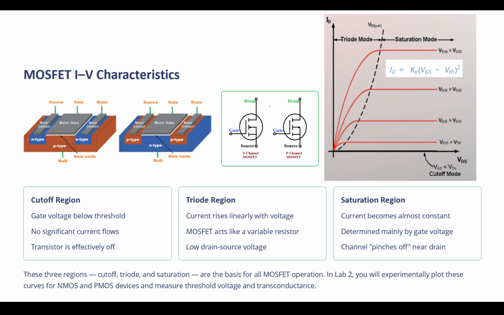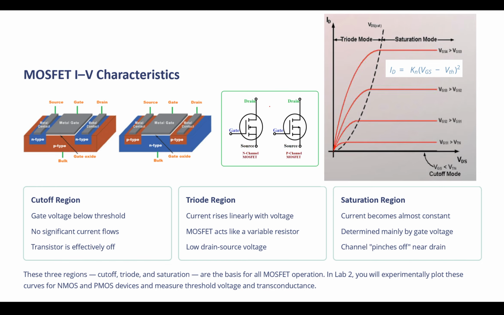Now, when we talk about the MOSFET, we are talking about a semiconductor device that includes three components of the semiconductor. Either there is two N and one P in the middle, or two P and one N in the middle. The middle part, the semiconductor in the middle, we call it the channel.